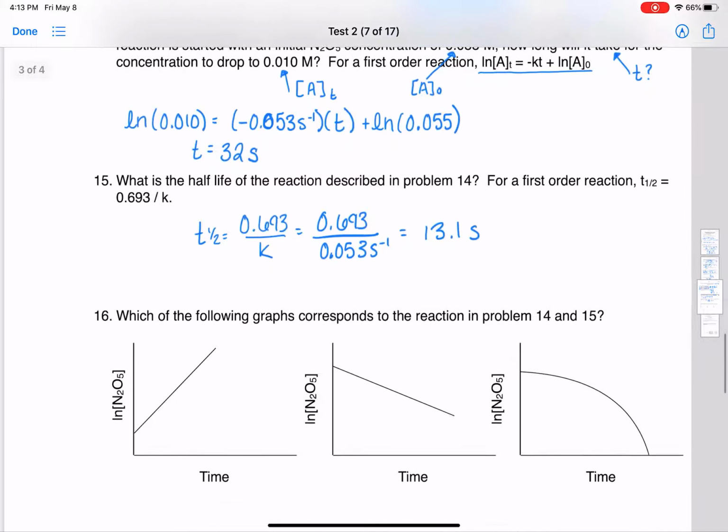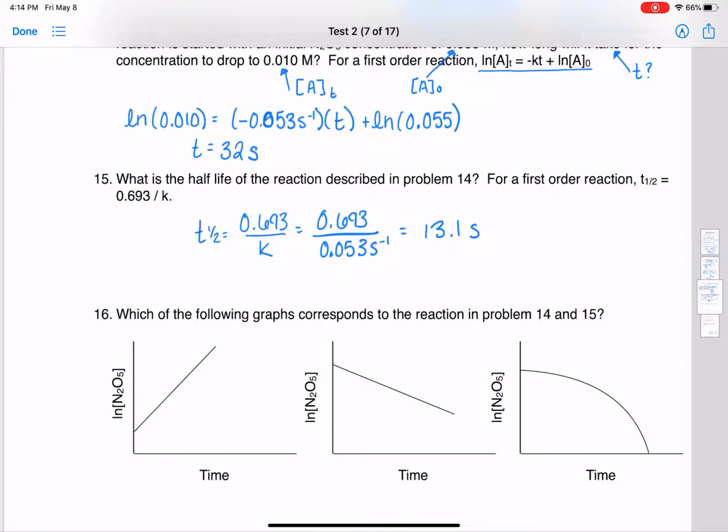The next problem asks us to find the graph that corresponds to the reaction in problem 14 and 15. This is one of these situations that confuses students a lot. When you're looking at the integrated rate law, remember there's three different forms for first order, second order, and zero order, and they all have slightly different terms.